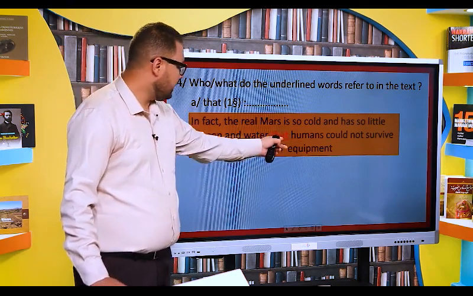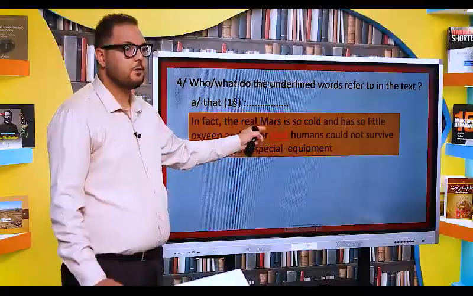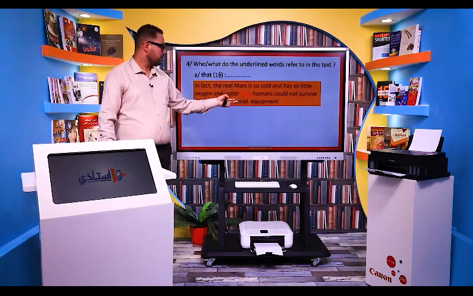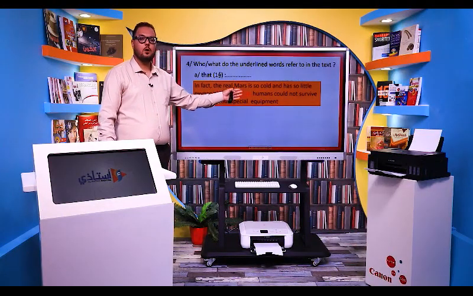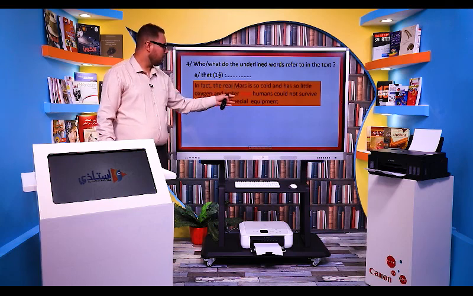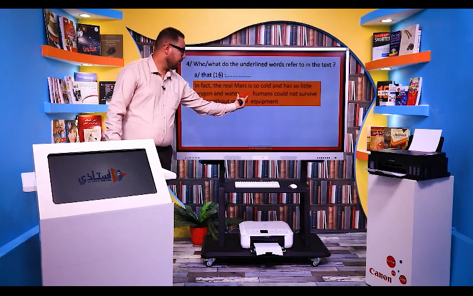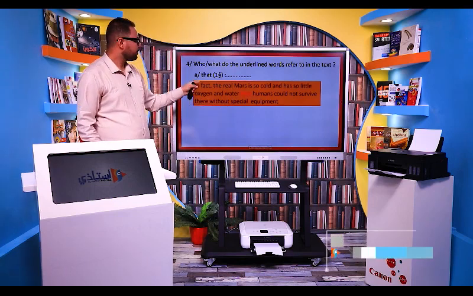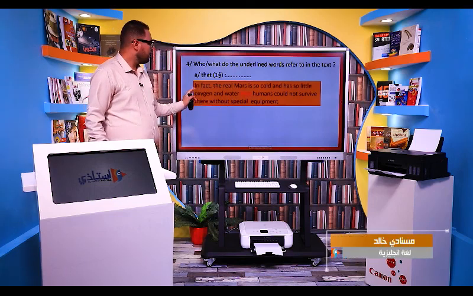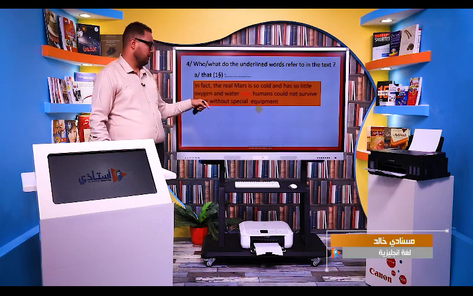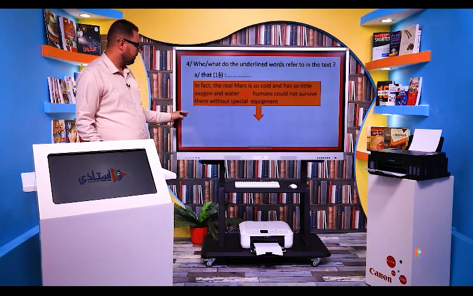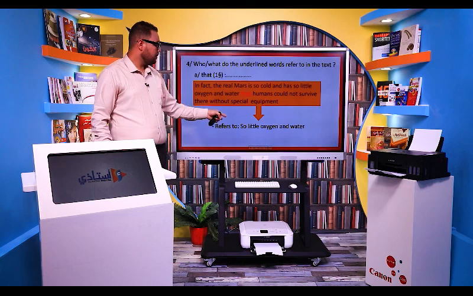We see here that is a relative pronoun, and we know that relative pronouns always refer to what comes before them. And what comes before that here is so little oxygen and water. So the full answer is that refers to so little oxygen and water.